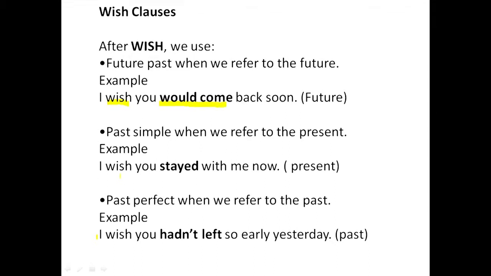Of course, wishful thought, but he never did that. I'm just wishing. I wish he hadn't left so early yesterday. Of course, he did. I am just wishing the opposite in this regard. So, we have established facts regarding two different topics that are tense related.